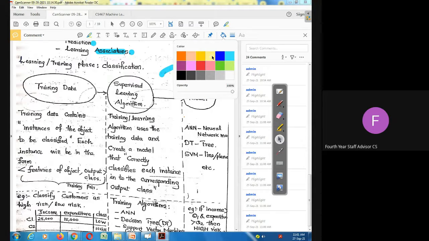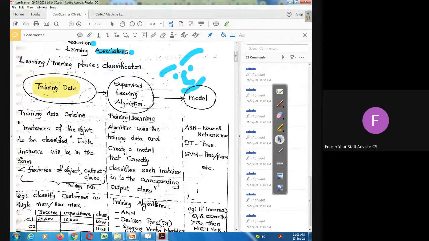Suppose I want to solve an image recognition problem, then in my hand there will be the training data related to that problem.